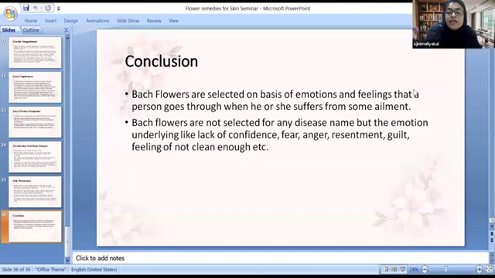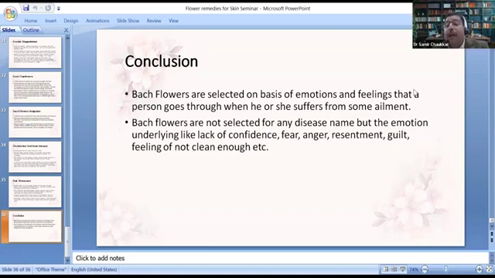While asking for the remedy in the medical store, after buying only, we are noticing it is labelled Holly 30, Clematis 30, but they are not actually potentized. They are flower extracts, either water extracts or alcohol extracts. They are not potentized. So will they act? Yes, of course they act.